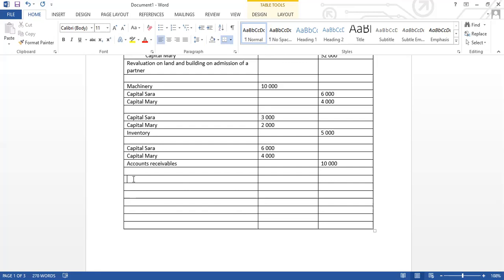If you want it to appear in the new books of the partnership, you have to share it using the new ratio, where now you have to include the new partner that you just admitted. However, if it's not to appear in the new books of the partnership, then you only have to share it among the old profit sharing ratio, in other words, among the old partners.